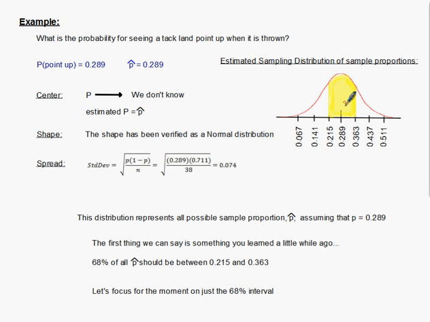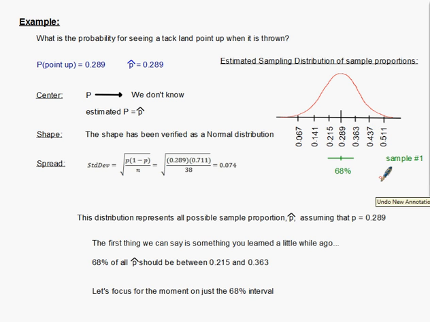Instead of shading the area, we're going to make it a line that goes from 1 standard deviation below to 1 standard deviation above. That's the length centered on our sample proportion. Now, this we're going to actually call sample 1. You can anticipate there are going to be more samples that we're going to talk about.